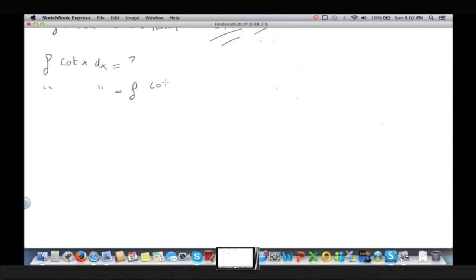Okay, this one is opposite. This derivative is negative sine.